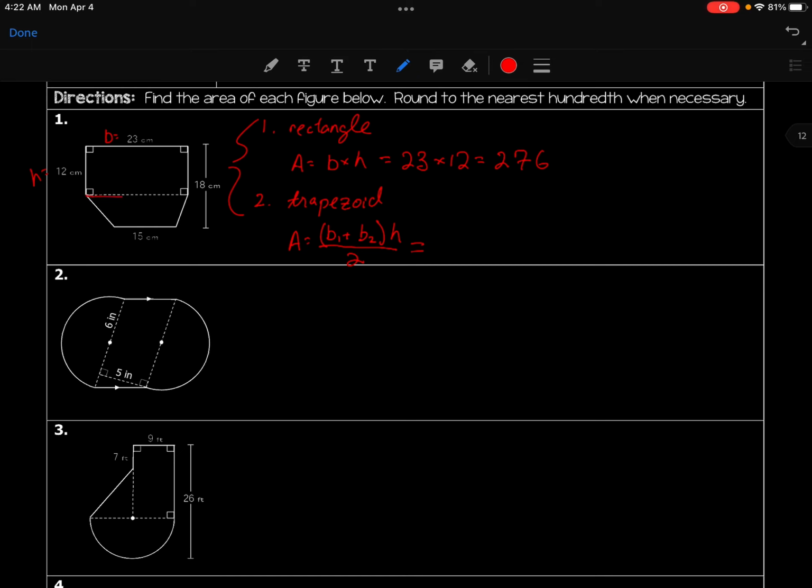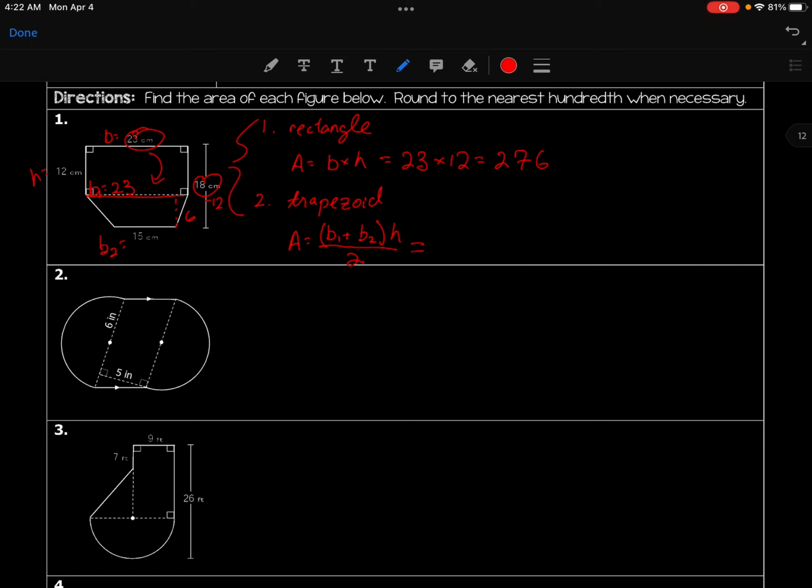The area for the trapezoid is base 1 plus base 2 times the height over 2. The base 1 is actually 23, because for a rectangle, the sides are congruent. If this is 23, and that's 15, then base 1 is equal to 23 and base 2 is equal to 15. And what is the height of this trapezoid? Well, it will be 18 minus 12, which will give you 6.